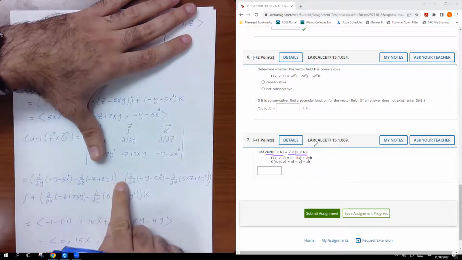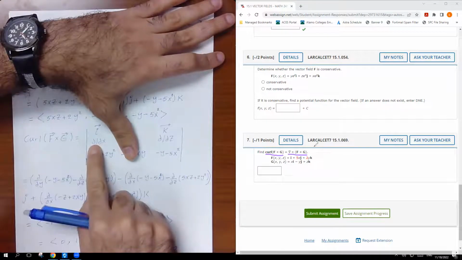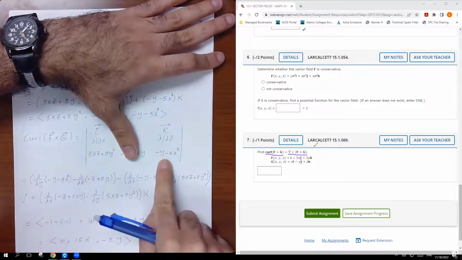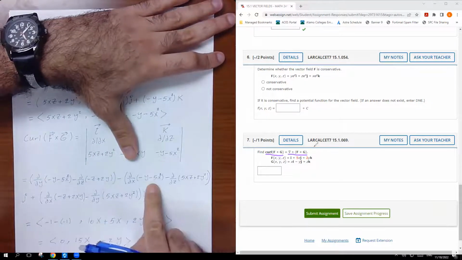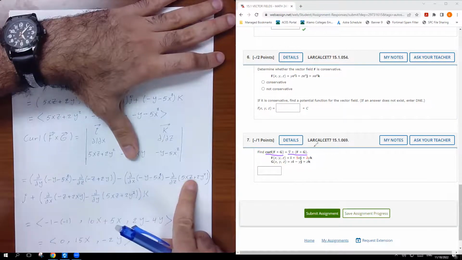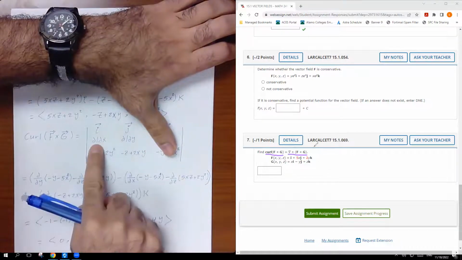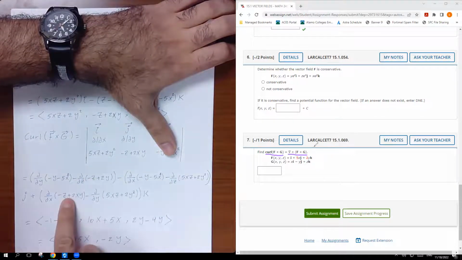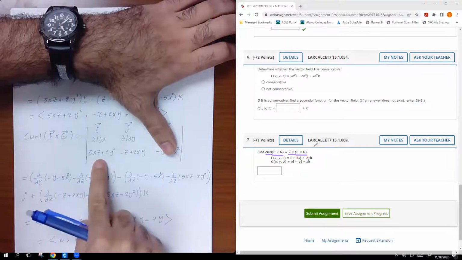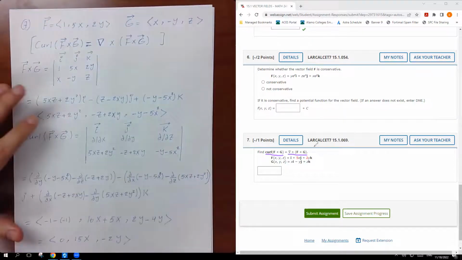Minus for the j, it's going to be the derivative with respect to x of this part, minus the derivative with respect to z of this one. And for the k, the derivative with respect to x of this part, minus the derivative with respect to y of this part. This is for the k. Now let's simplify it.